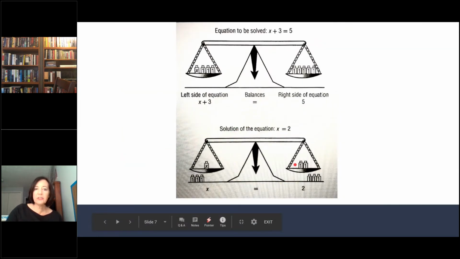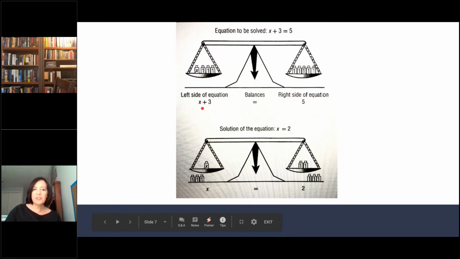And so here is the solution being modeled. So I took off my 3 ones, exact same thing from both sides. My balance beam is still level, and I'm left with an x on the left side and 2 ones on the right side. So that's how they've modeled that x equals 2.